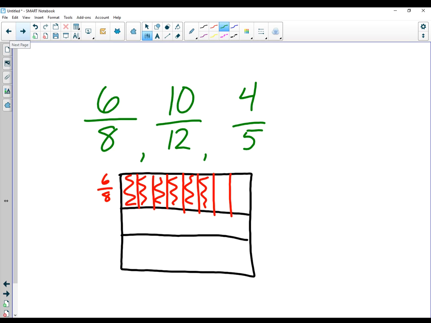Then I need to make 10/12. And finally, I have to make 4/5.